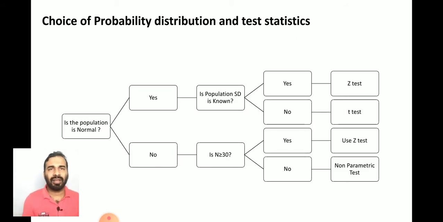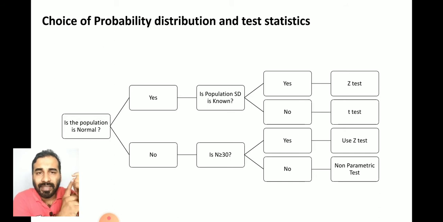Then this is a flow chart. This will give you more clarification on when to use the z test and when to use the t test. The first question is: is the population normal, yes or no? We have two options.